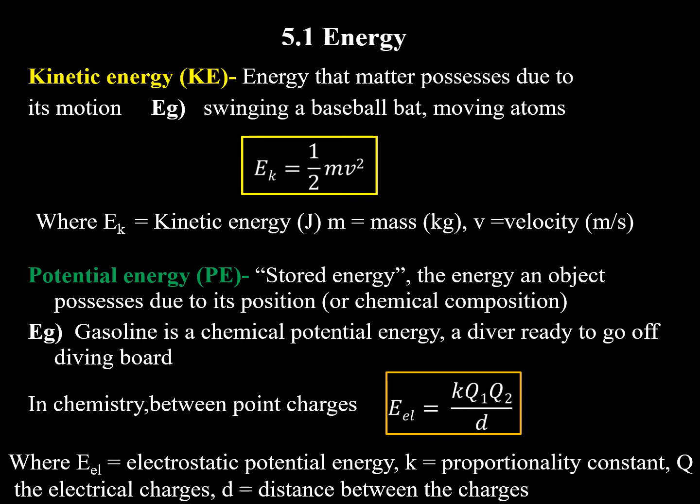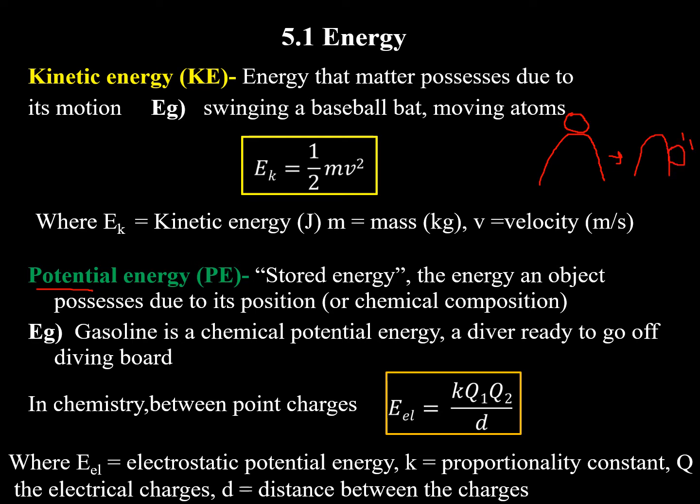Kinetic energy is the energy that matter possesses due to motion, and its opposite is potential energy, the energy that is stored. So for instance, if you have a hill and you have a ball on top of the hill, it has a lot of potential energy and not very much kinetic energy. The ball hasn't moved. If we extend the idea, now we have the hill and the ball is now rolling.